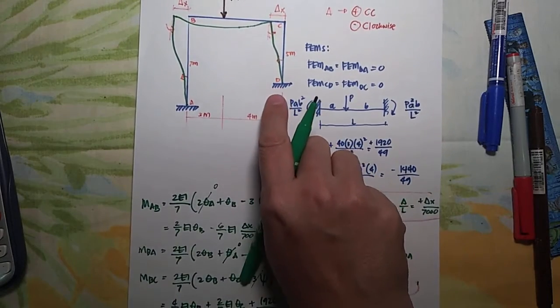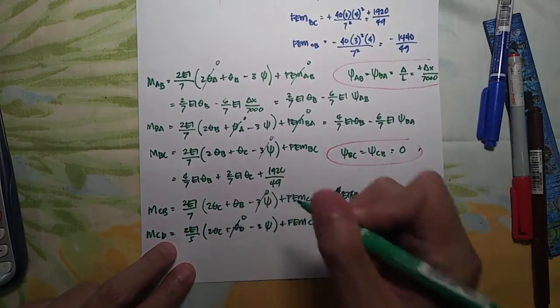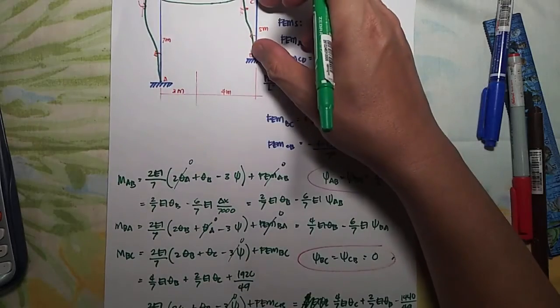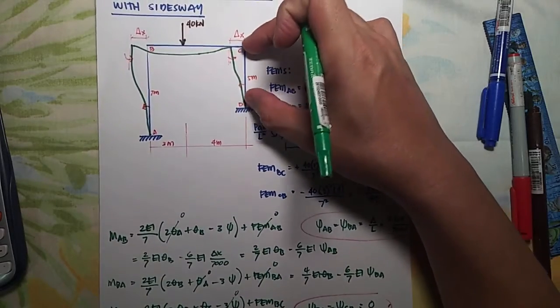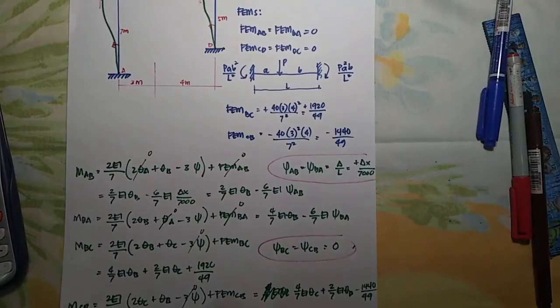Joint D, support D is a fixed support, therefore the rotation there should be 0. The psi here is not zero because there is deflection here on C, that's delta X. And the fixed end moment for CD is actually 0.